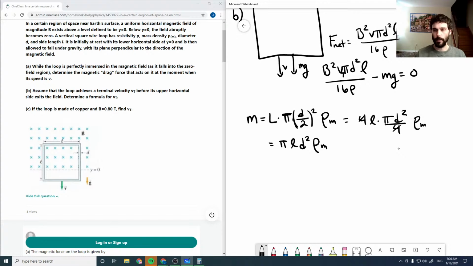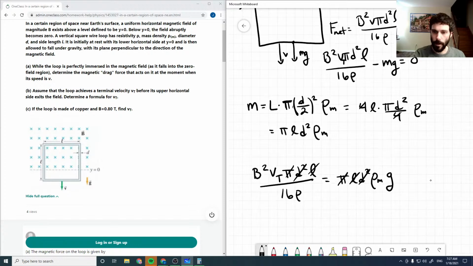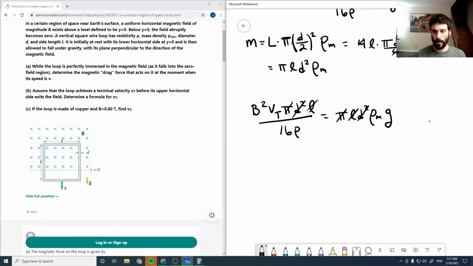And so then we're just going to use that in this expression above and solve for our terminal velocity. First, moving things to either side of the equation, and then we can cancel the pi, cancel the d squared, cancel the L. And then solve for our terminal velocity.